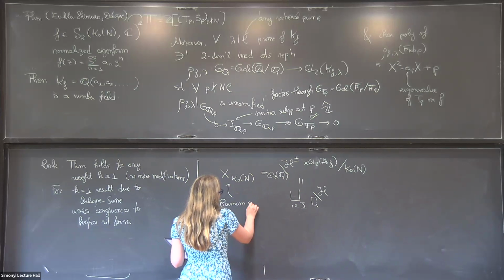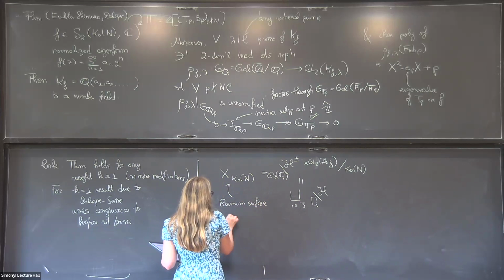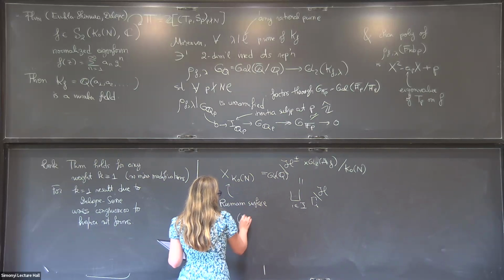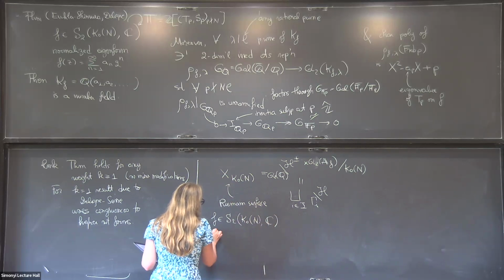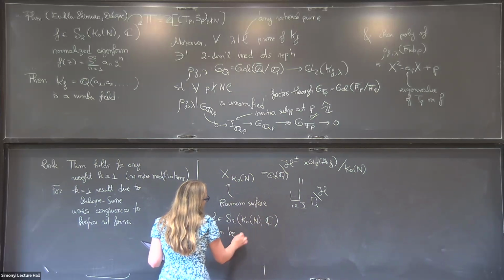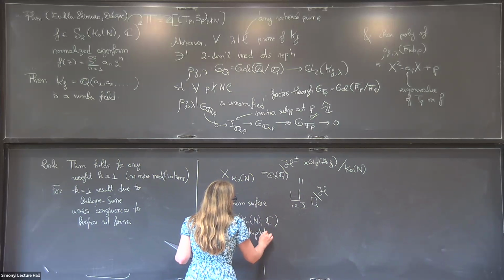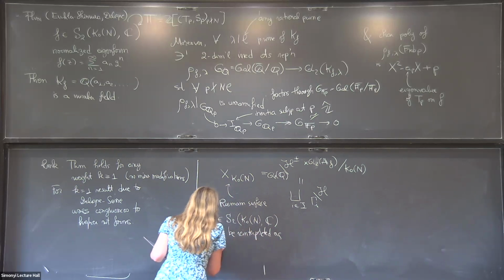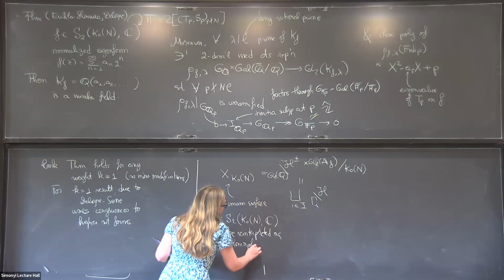And F in S_2(K_0(N), C) can be reinterpreted as a holomorphic differential on this space. So the space is a Riemann surface.